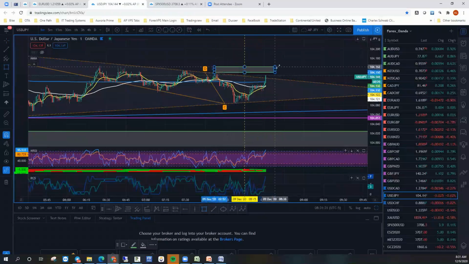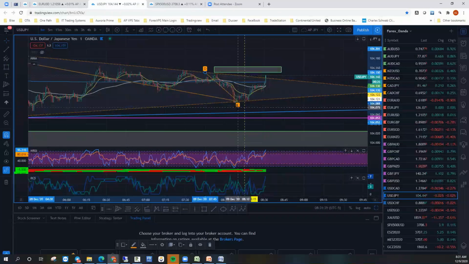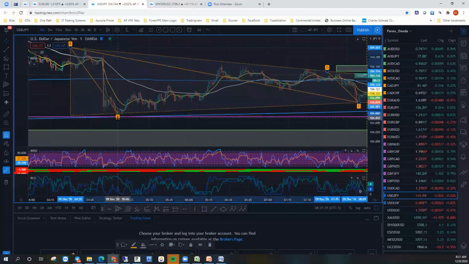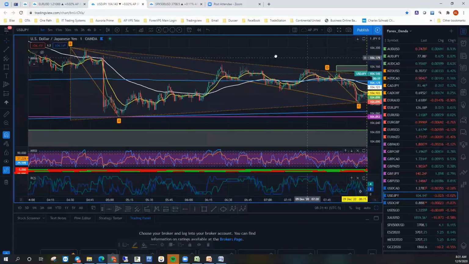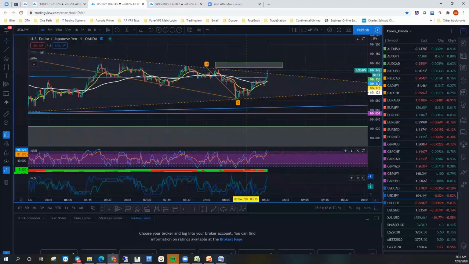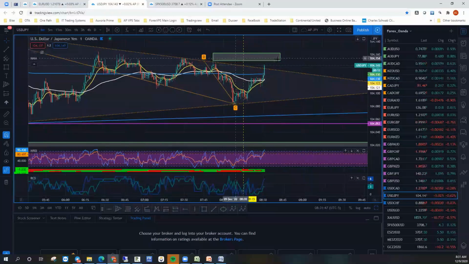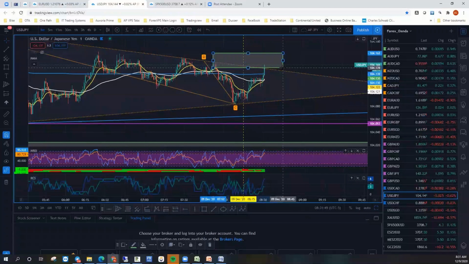I do like the fact that this is at a retrace extreme down in this area. Here's a break up. I'm going to see 2 candles up, come back and retest. If it doesn't do that, it's a trap.